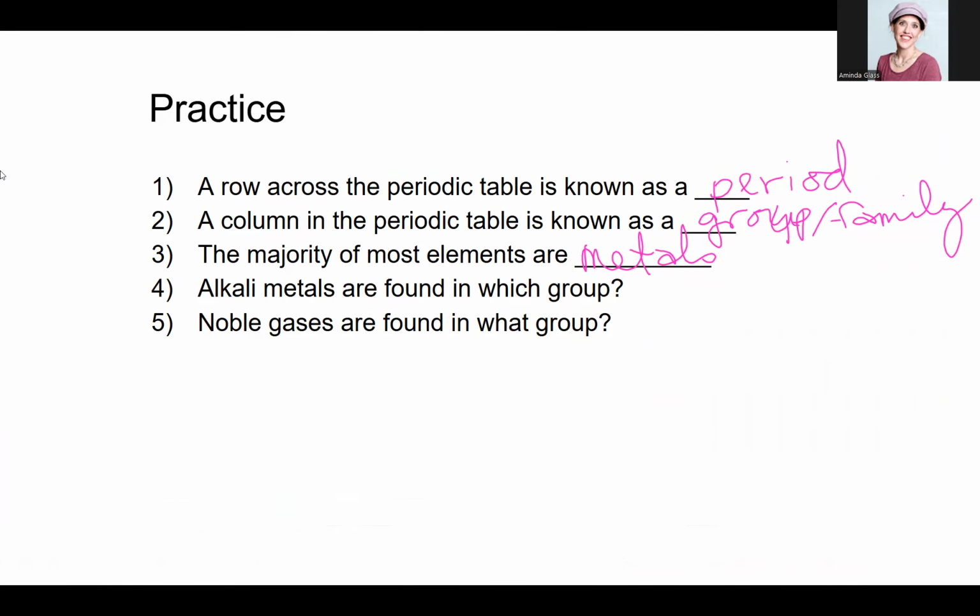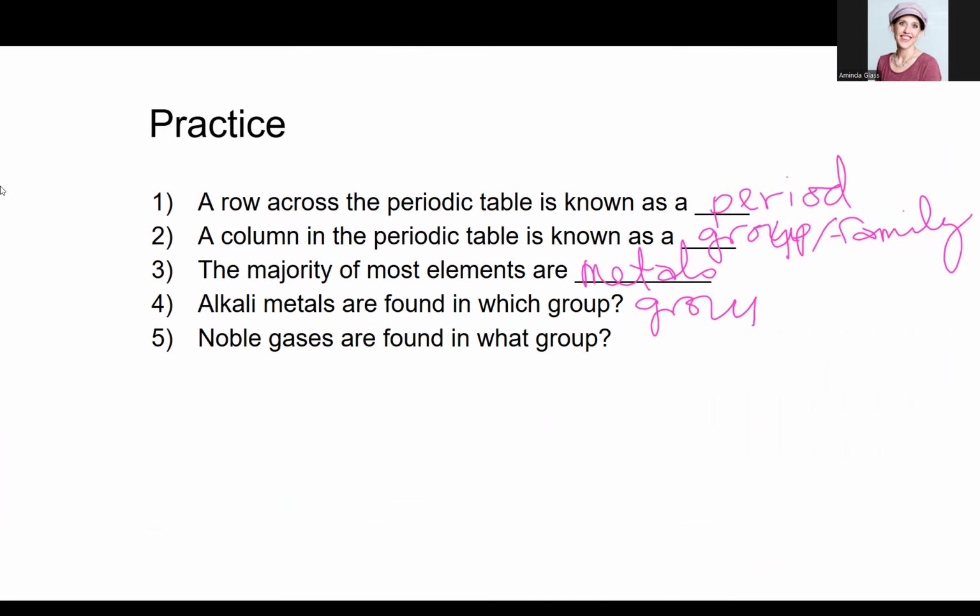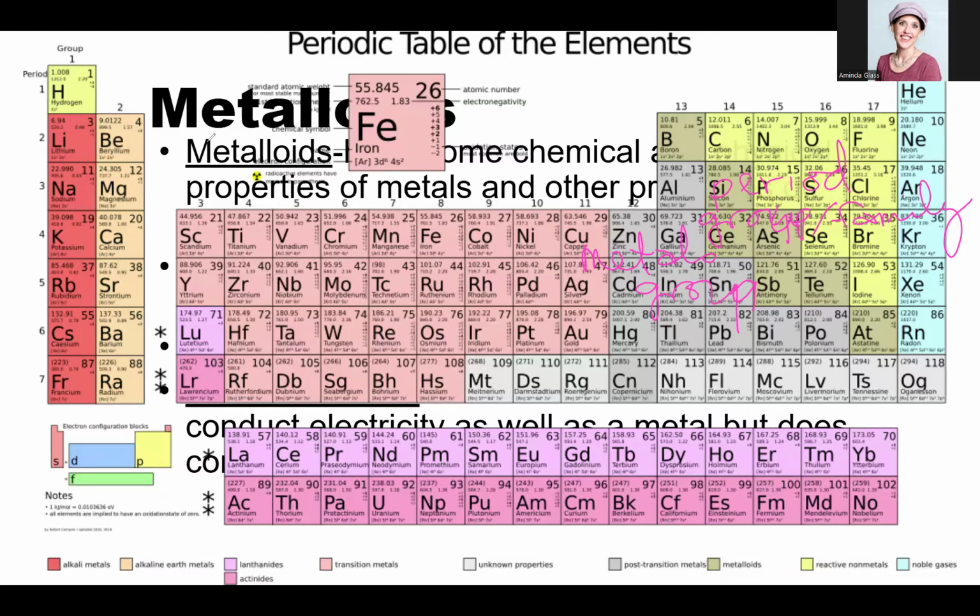So the alkali metals are group 1. Noble gases, what group are they? So let's come back here. We look here, noble gas, group 18.